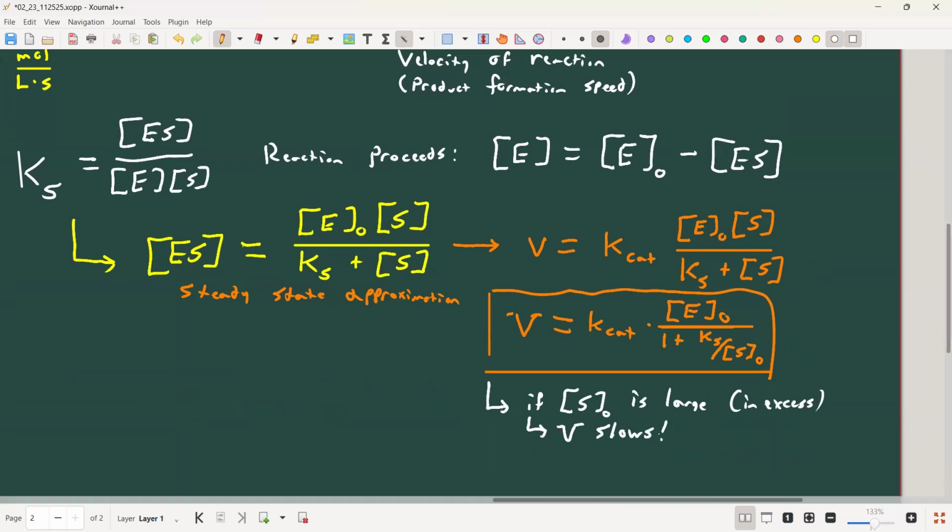Why does it slow down? Well, because here we have a denominator. S0 is large. Sorry, no, that's the opposite. So if S0 is large, then this number is small. Okay, yeah, so I have it flipped. Sorry, this speeds up.